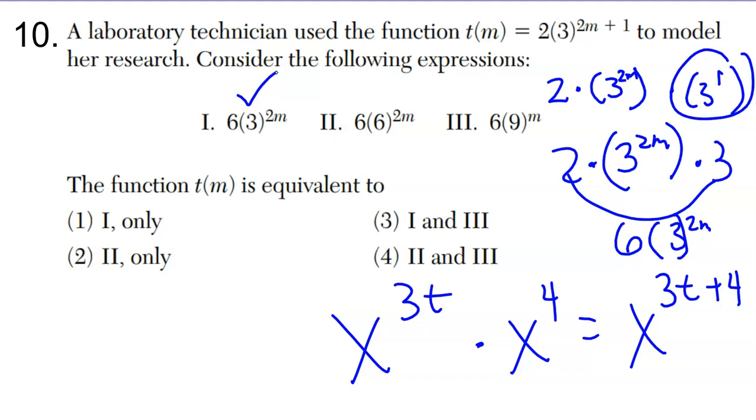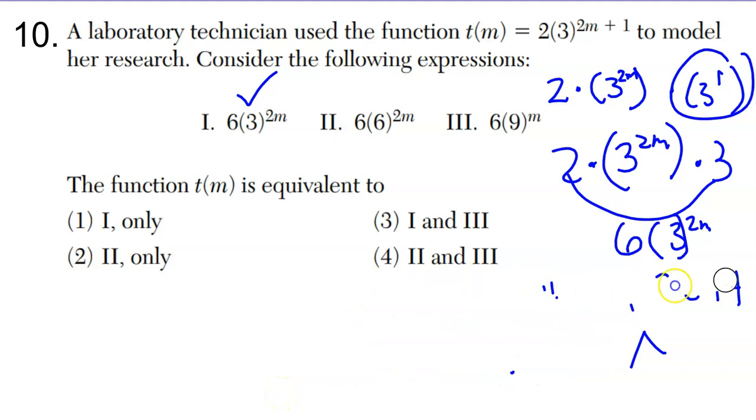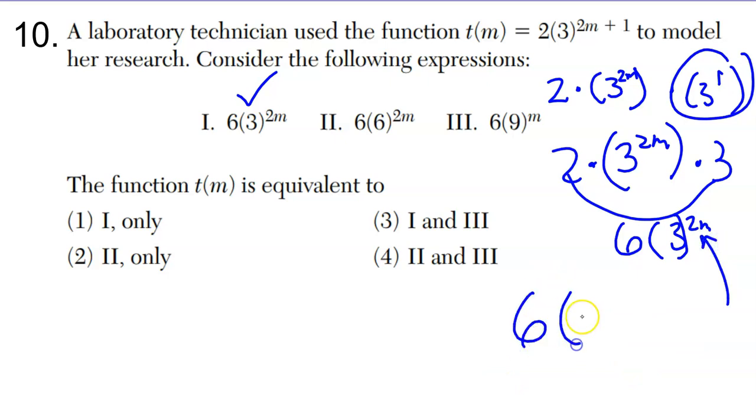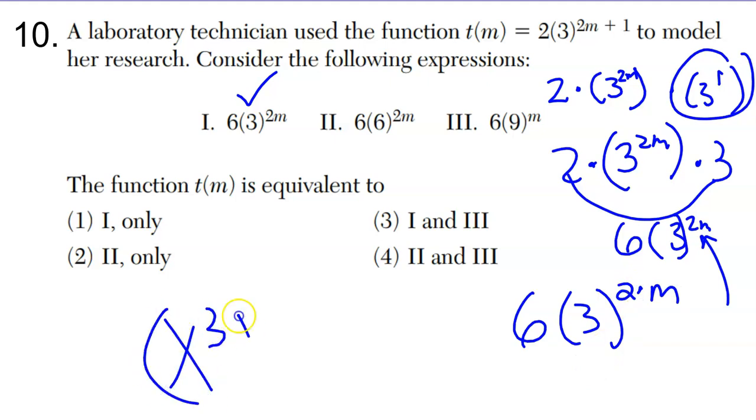Let's check on these other ones. Okay. Erase this to give me some space down here. And let's see if I can change this power at all. So right now it's 6 times 3 to the 2m power, also known as 2 times m. 2 times m is something that you get when you raise a power to a power like that. So this is 3 times 4 is 12, or 3 times 4.